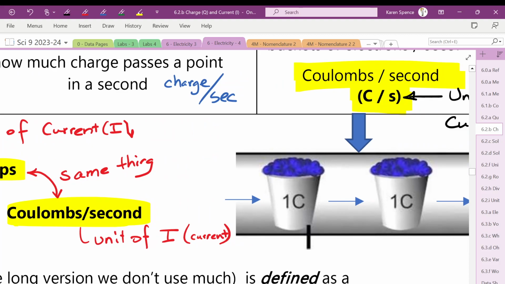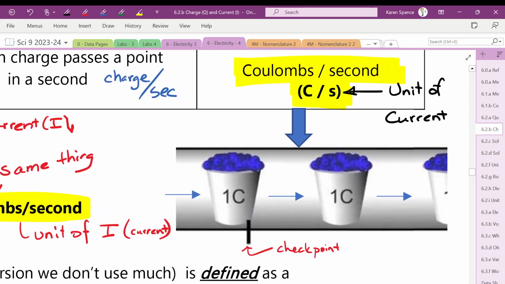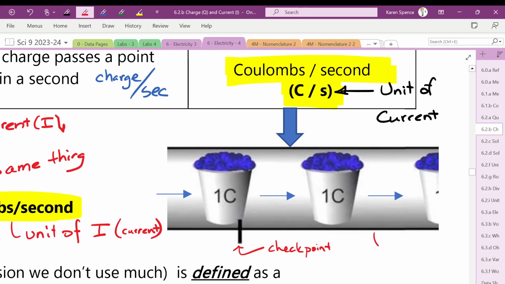So if we imagine this is our little checkpoint, and imagine we have a conveyor belt. And on that conveyor belt, we have buckets of electrons. What's a bucket of electrons? A coulomb.